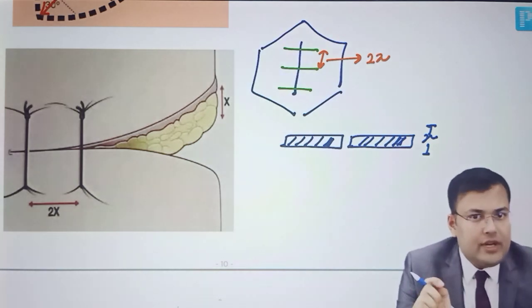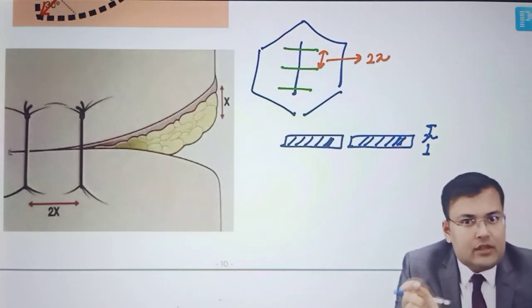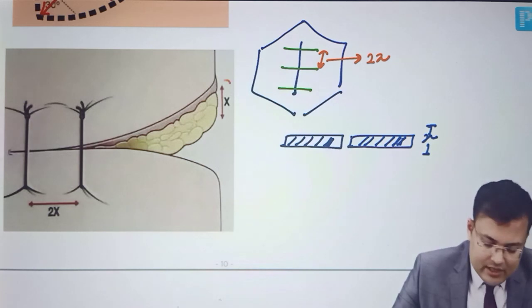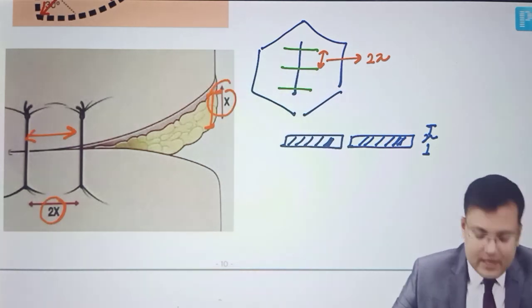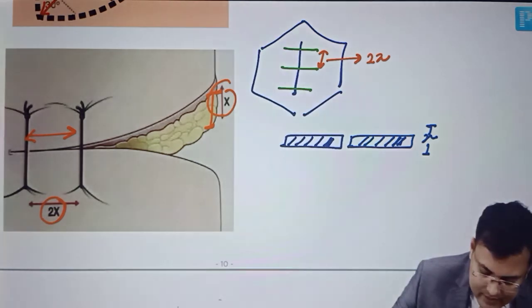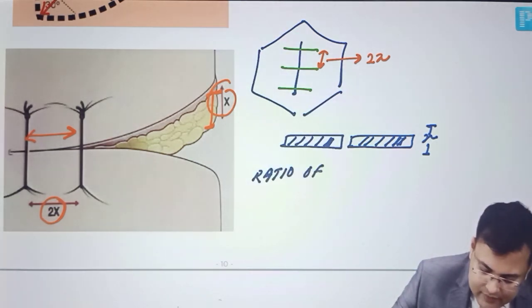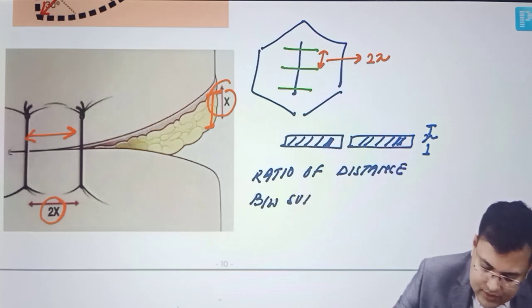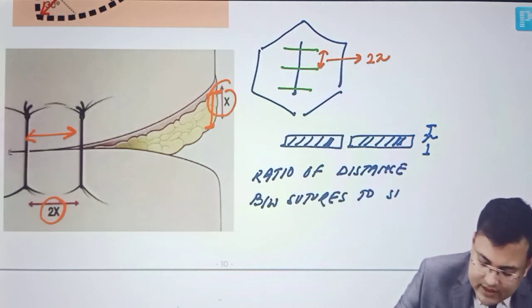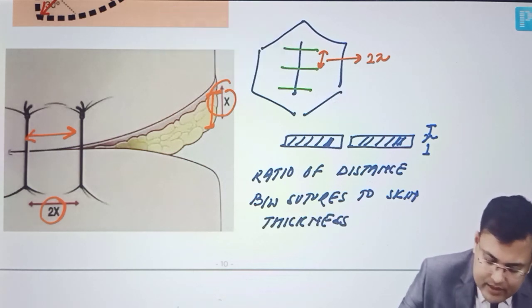So for skin suturing, the ratio of distance between sutures to skin thickness should be 2 is to 1.